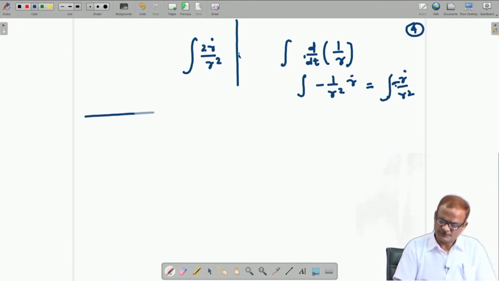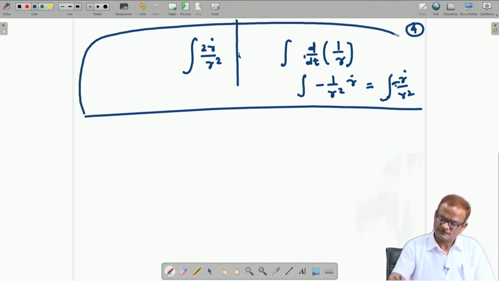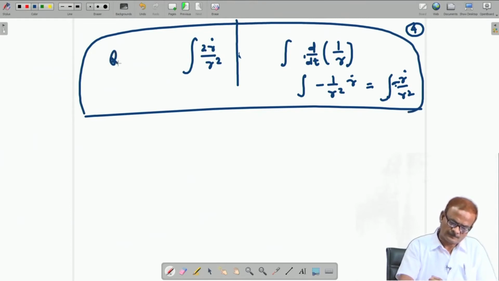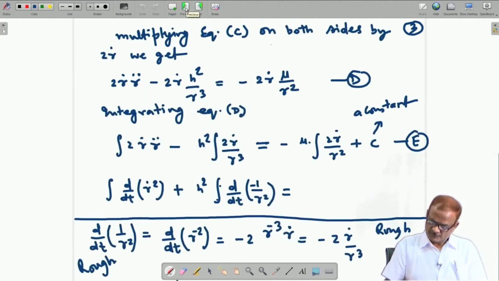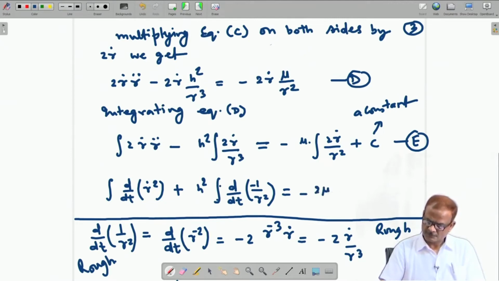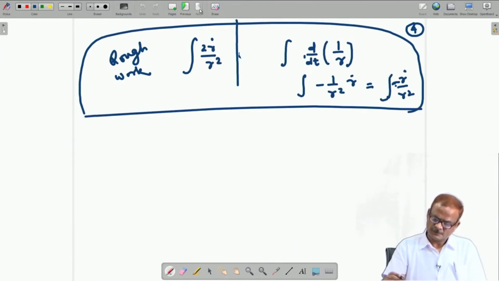So, this is your again rough work. So, here in this case, this becomes minus 2 mu, or this is the minus sign appearing here if we differentiate this 1 by r.